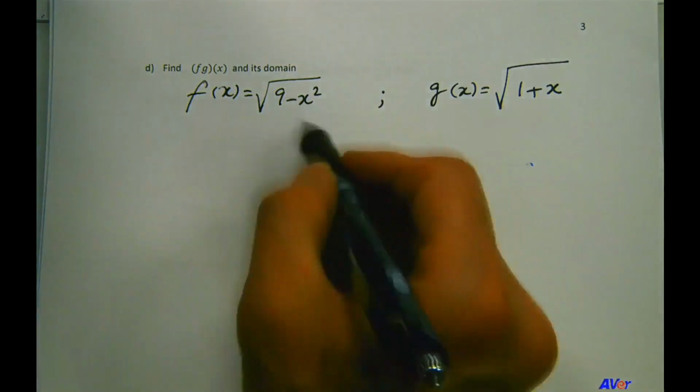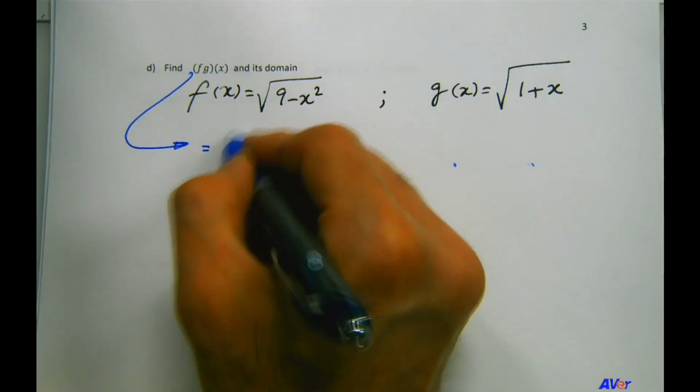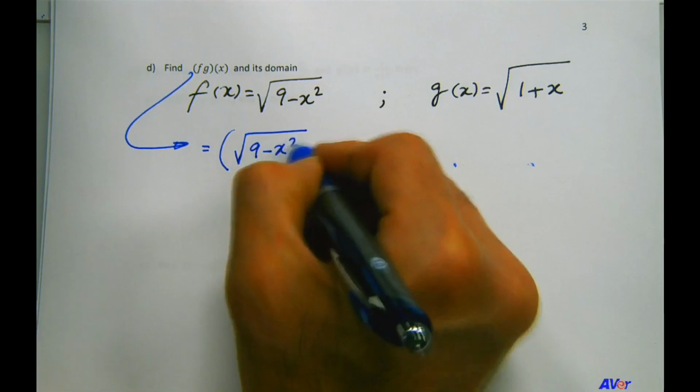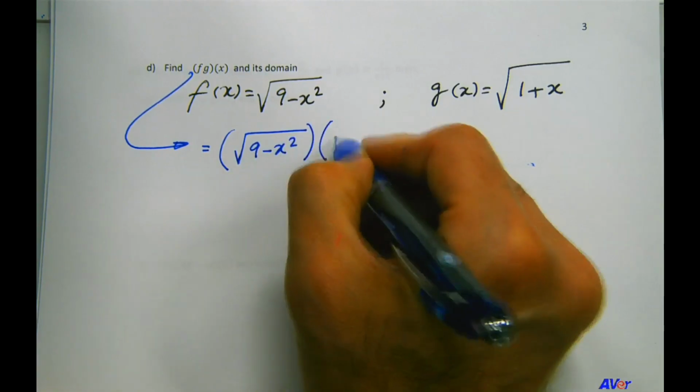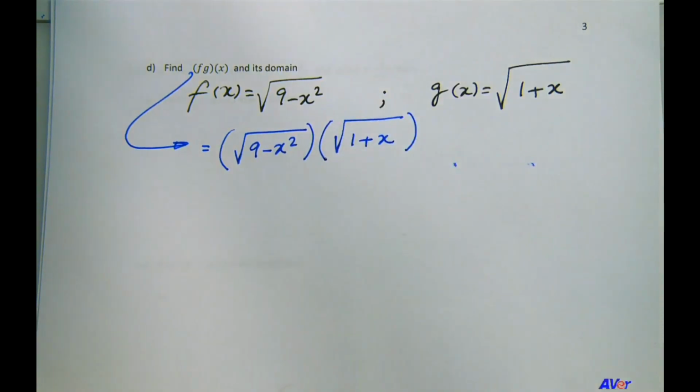Okay, so now we're multiplying. We have f of x, which is that, 9 minus x squared times square root of 1 plus x, right?